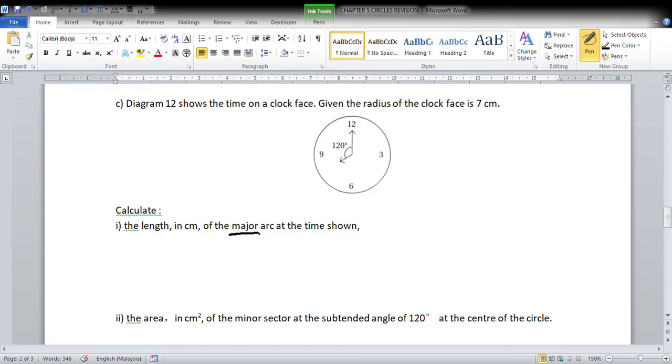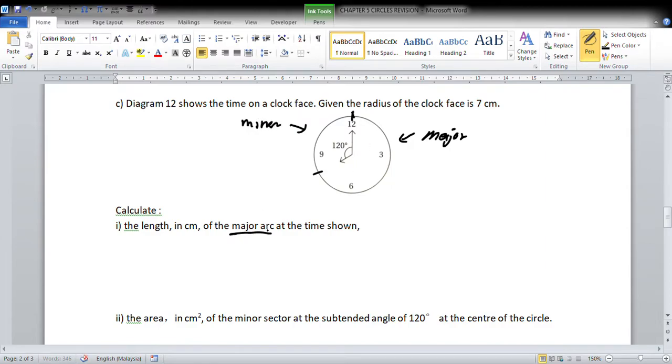Major means bigger. We can divide into two following the hour hand and the minute hand. This part is major, and here will be minor.